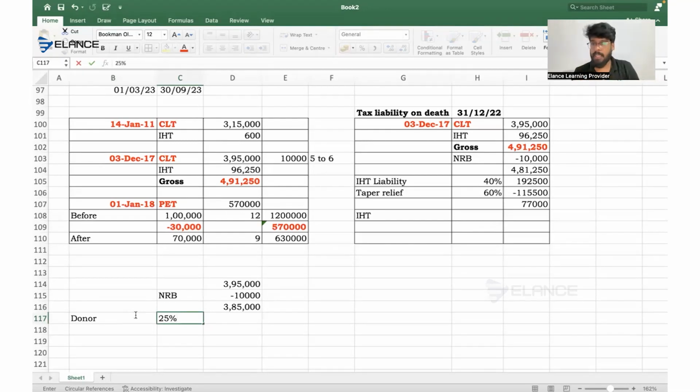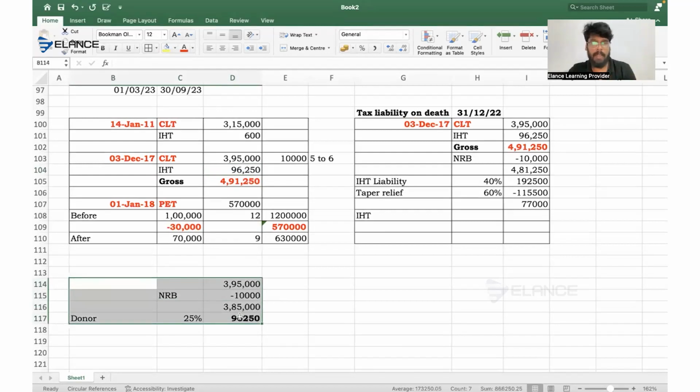So here 385,000 is the chargeable amount, the tax rate is 25%, and the tax paid by the donor is 96,250. The result is directly given in the question, 96,250. This is how we make the computation in the lifetime.